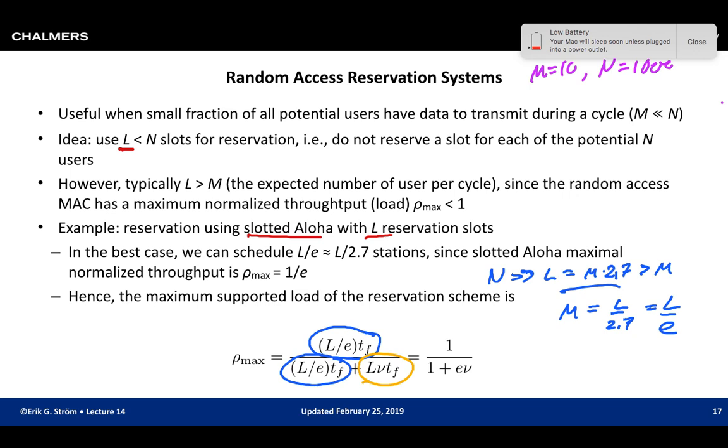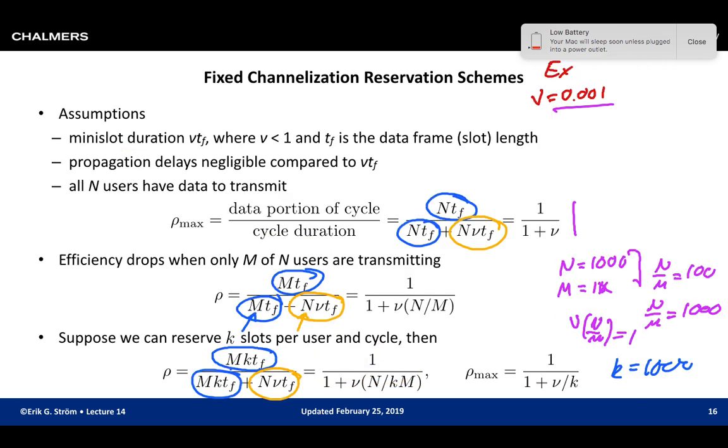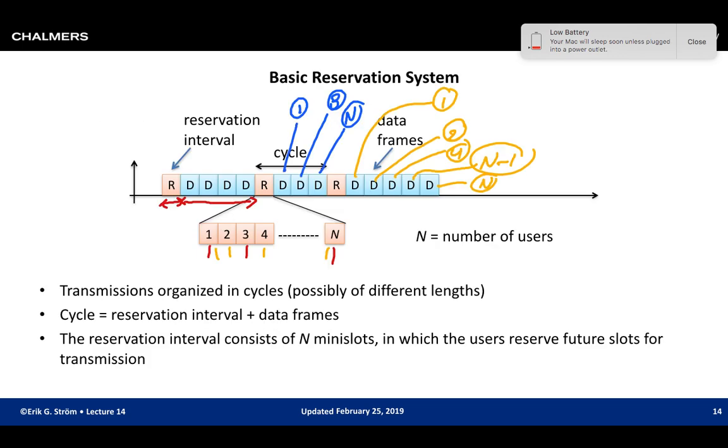Questions on this? Okay, so that's about reservation schemes. Just to summarize what we have been talking about. A reservation scheme organizes data transmission in cycles. We have a reservation interval and then a data interval.